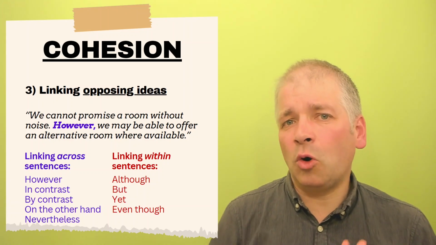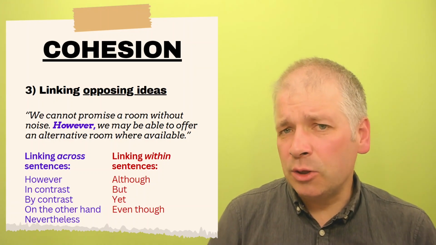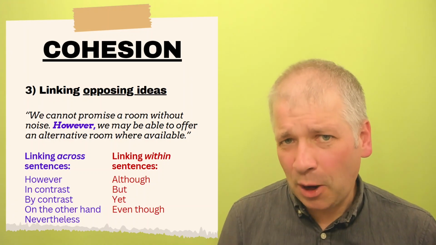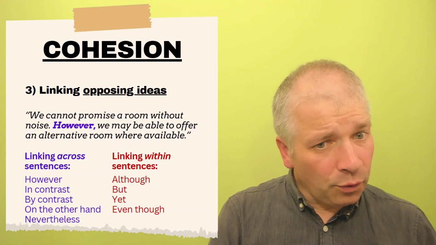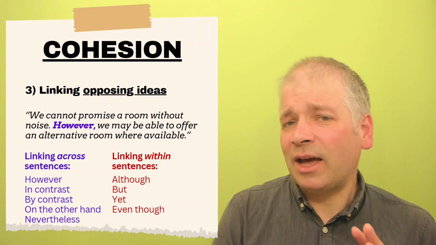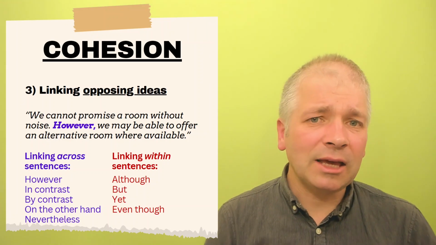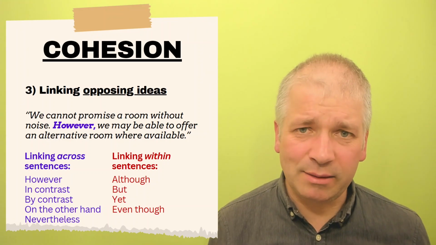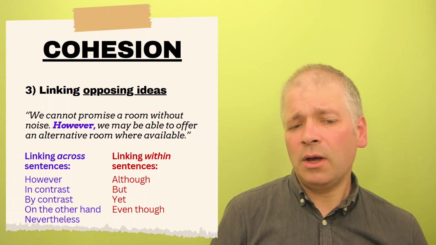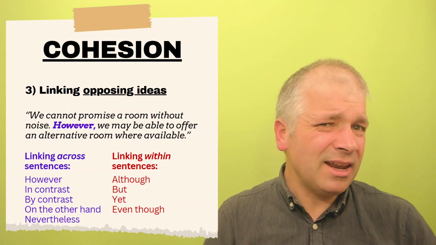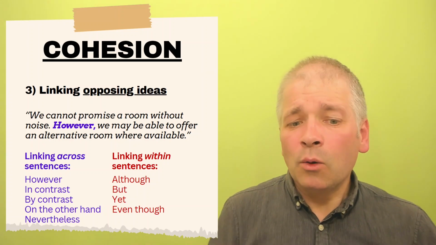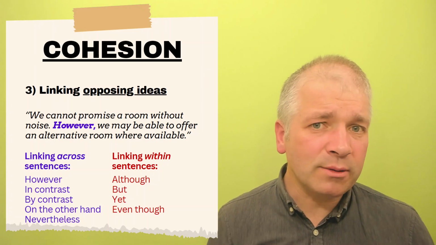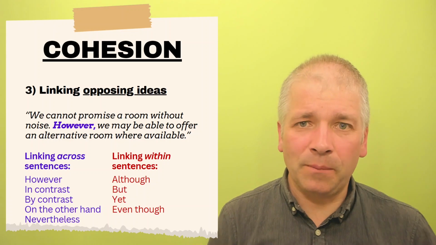So these would normally appear as one word in a new sentence which has an opposing idea to the previous sentence. But although, but, yet, and even though can link within sentences, but can also link across sentences in an informal context. So here we would have the words joining two clauses together.